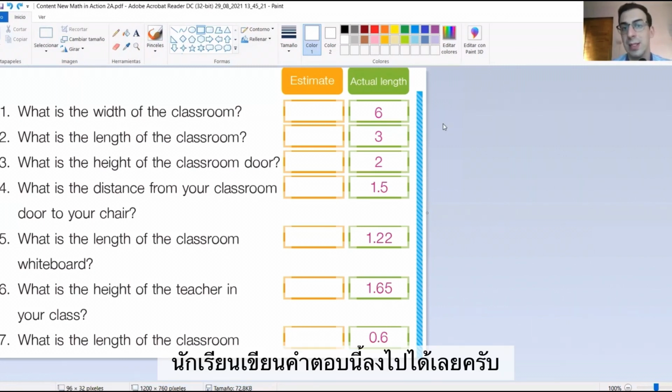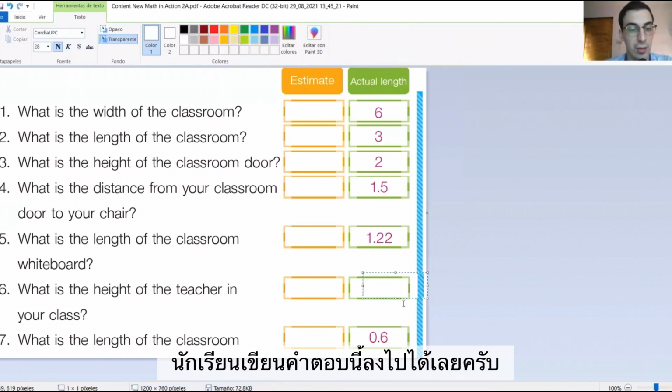So you can write this as examples, because now we cannot know the actual length or height of something. I know what my height is. You can write here 184. Or 1 point, because we're talking in meters, 1.84 meters.